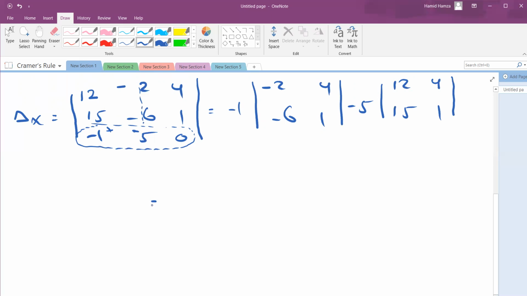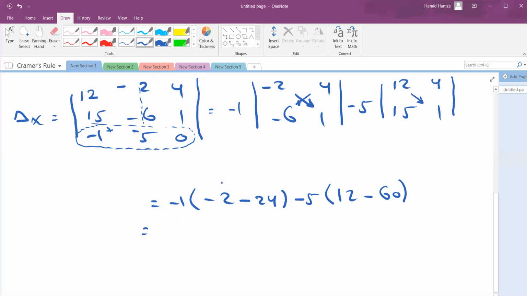So it will be negative 1 multiplied by the leading diagonal, negative 2, minus 24, then minus 5 times 12 minus 60.